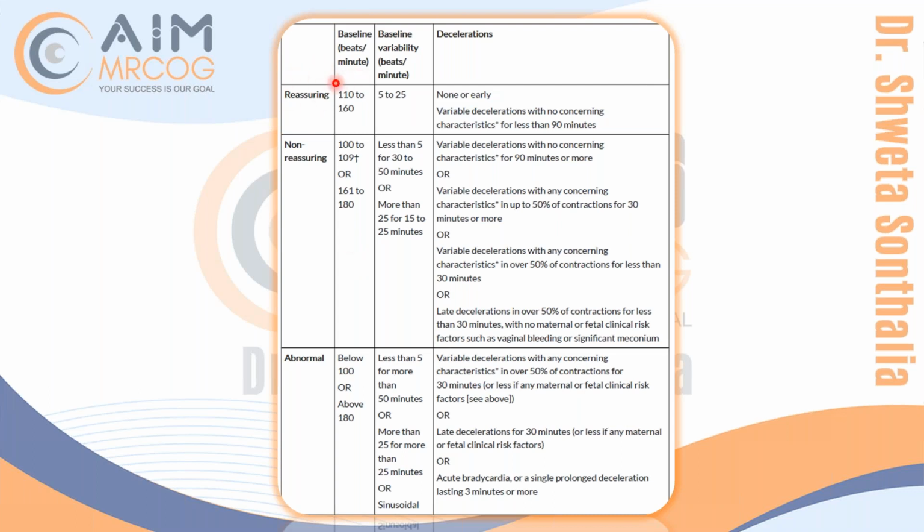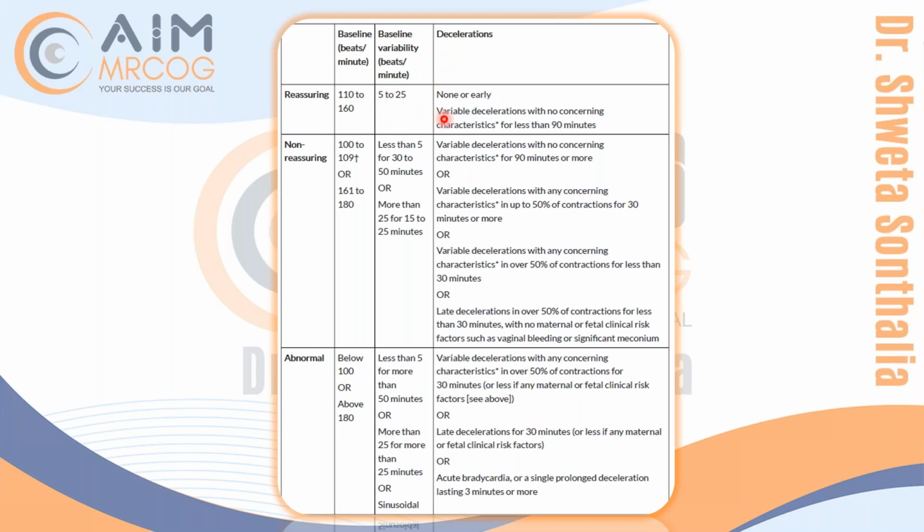So reassuring, anything from 110. Most of you must be agreeing that 120 to 160 is our comfort zone when you view CTG, but you have to remember that it's from 110. Some babies' heartbeat is not very high, so it's fine. 110 is normal. So NICE says 110 to 160 is normal. NICE says variability of 5 to 25 is normal.